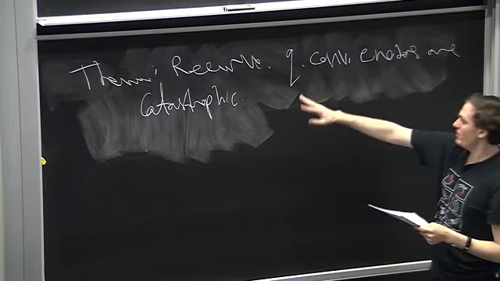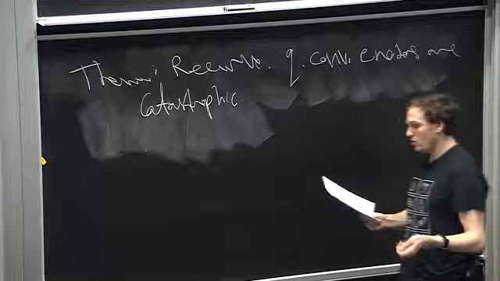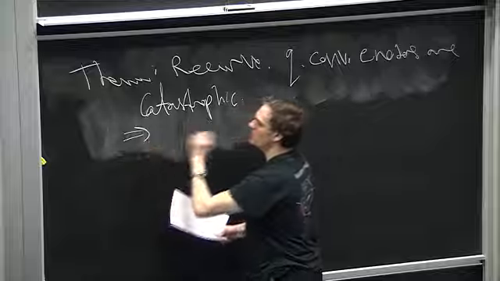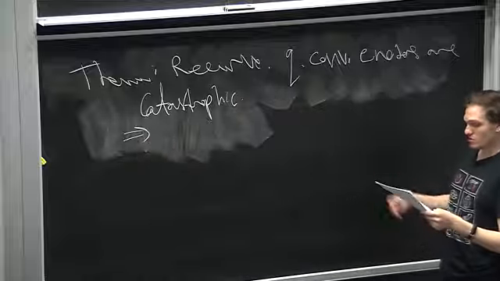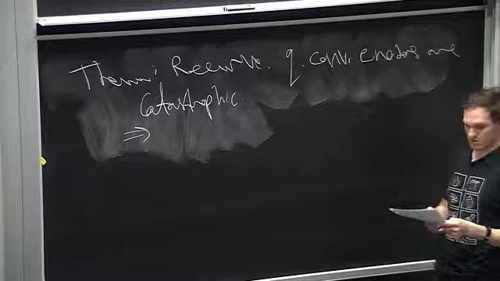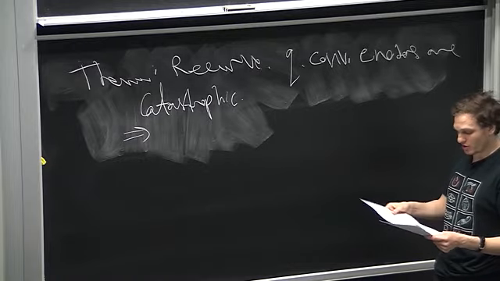Proving this in this direction is a little more difficult, so instead we're going to prove the contrapositive, which says that, basically if you just flip the logic around, if a quantum convolutional encoder is non-catastrophic, then it is non-recursive. So in order to do this, we need to define a few more things.